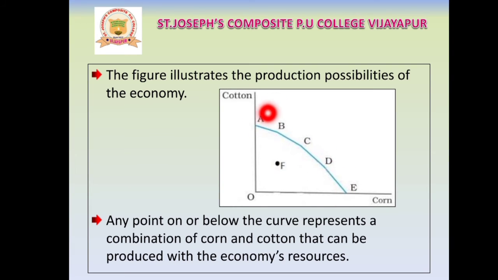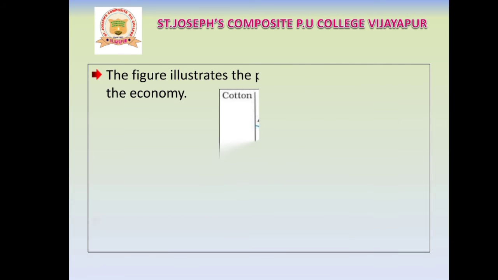Here A is the maximum production possibility in the production of cotton, and point E is the maximum production possibility in the production of corn. That means A is the maximum unit of cotton, and E is the maximum unit of corn, if we use the resources only for the production of either cotton or corn.